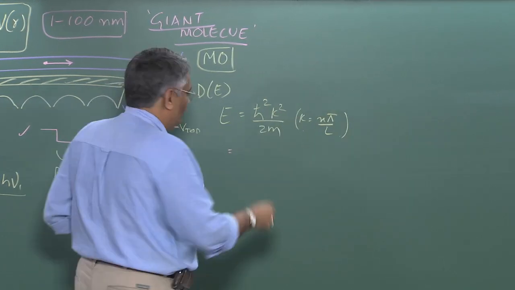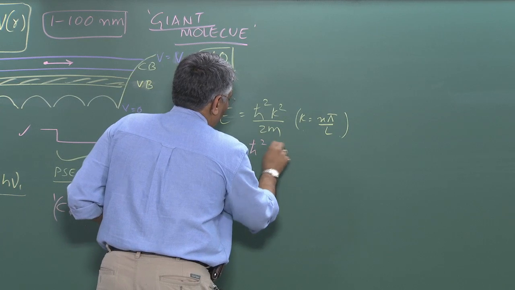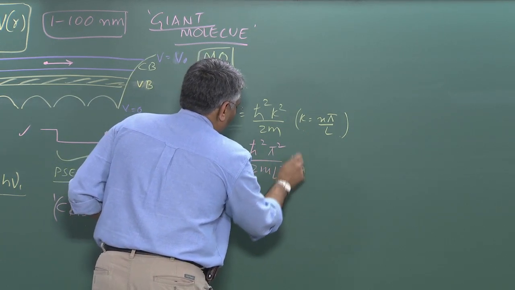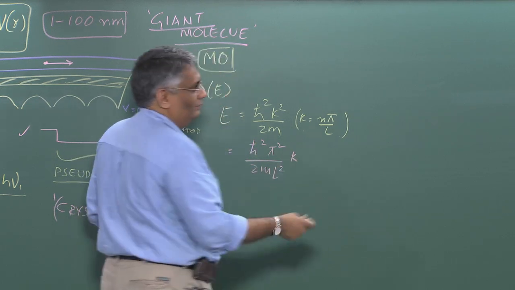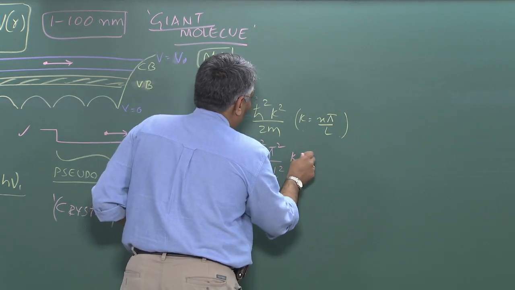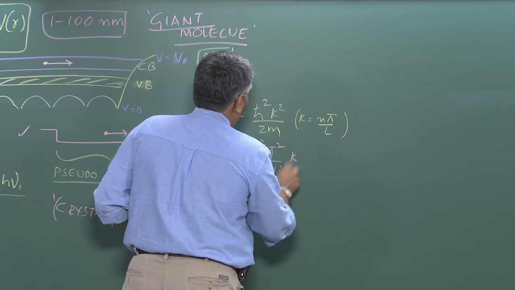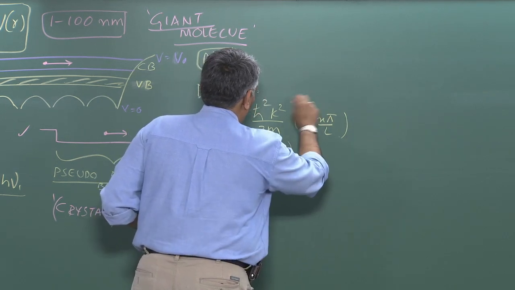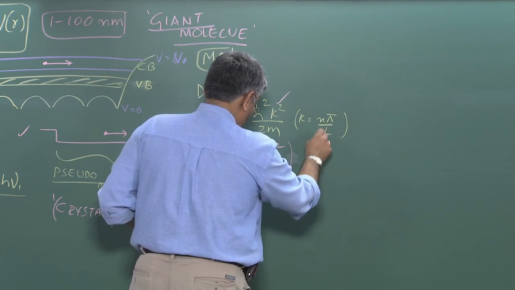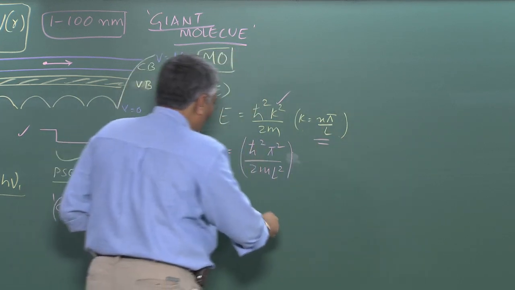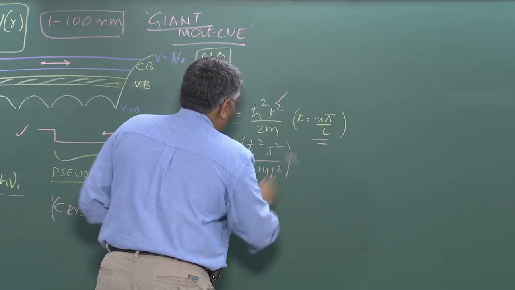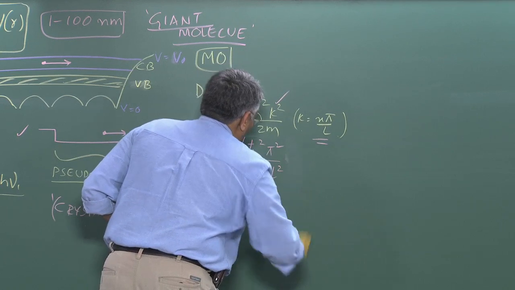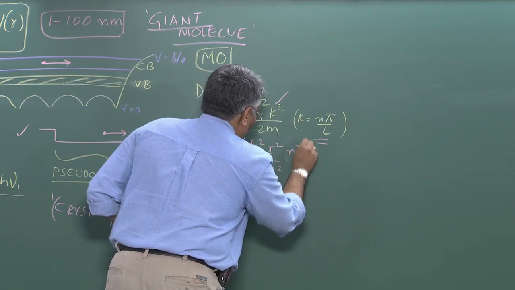Of course, that's what you get there. K square, 2 ml square, because I have replaced K by n pi by L. So you have n square.